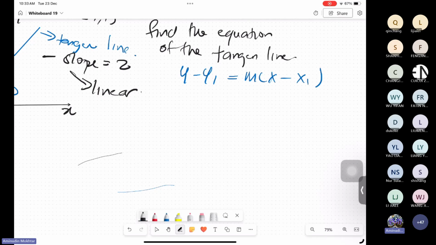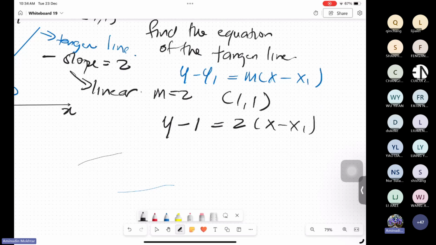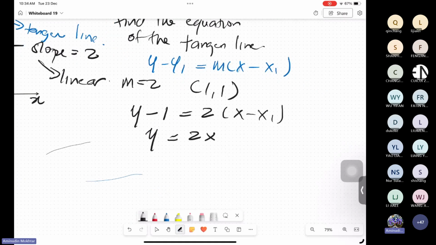So in this case, we know m equal to 2, and the point is 1, 1. So the equation is y minus 1 equal to 2 times x minus 1, which is 2x minus 2 plus 1.